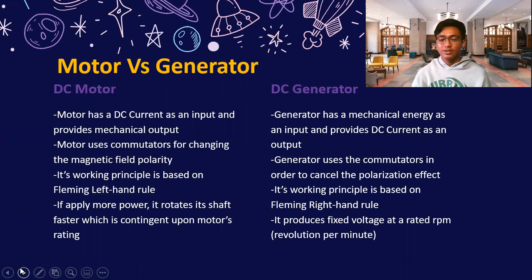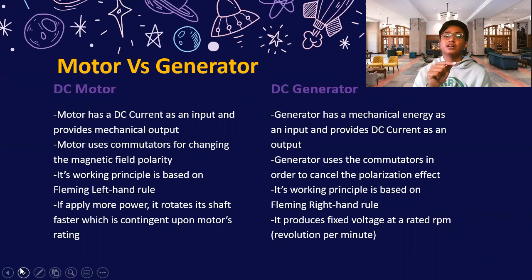Next we explain the DC generator. A generator converts mechanical energy into DC electrical energy. If the DC motor uses a commutator to change the magnetic polarity, in the DC generator the commutator is used to cancel the polarization effect.